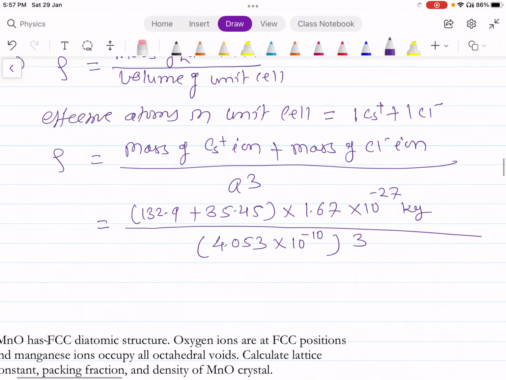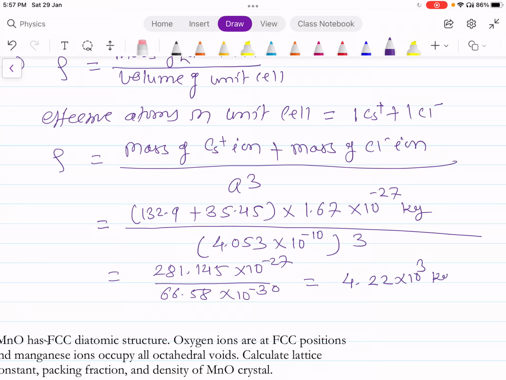If you simplify it further, what we get is 281.145 into 10 to the power minus 27 divided by 66.58 into 10 to the power minus 30. Further simplification gives us 4.22 into 10 to the power 3, and the unit is kg per meter cube.